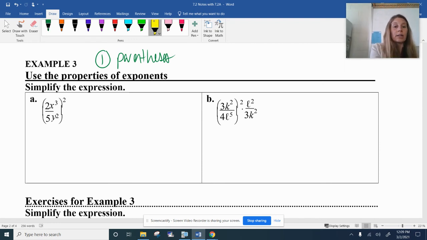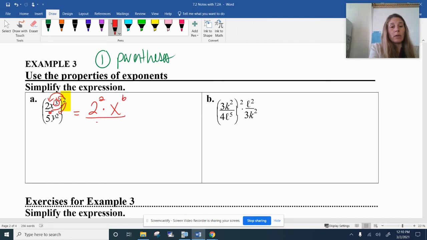So here I have an exponent of a 2. So I'm going to bring it to the 2, the x cubed, the 5, and the y squared. So I'll have 2 squared times x to the, and this x already has an exponent of 3, so I'm going to multiply the 3 and the 2, giving me a 6.